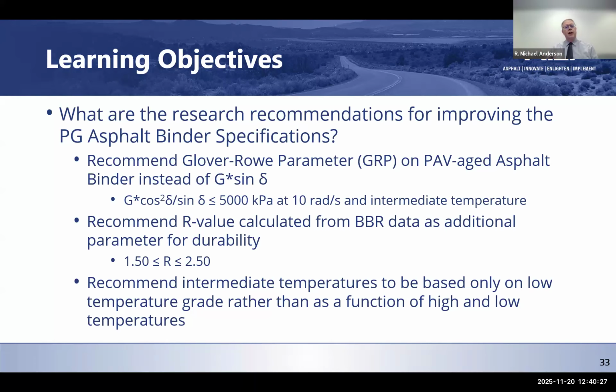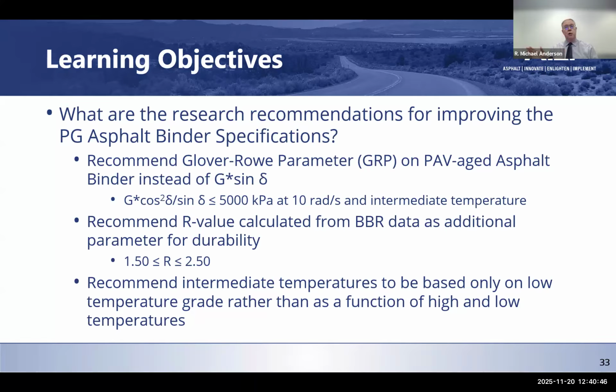They also recommended adding R value as an additional fatigue parameter that they calculated from BBR data. And they added that as much for durability as anything else. We'll talk some more about that in the next part too.